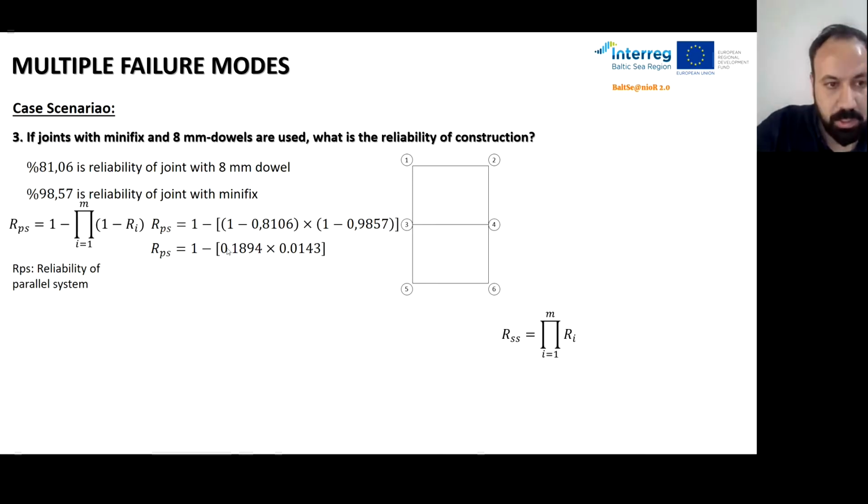So in here my equation is set up. My reliability in the parallel system for one joint is getting higher, 0.9973. So for one joint I have this reliability level, almost 99%, 99.73%.